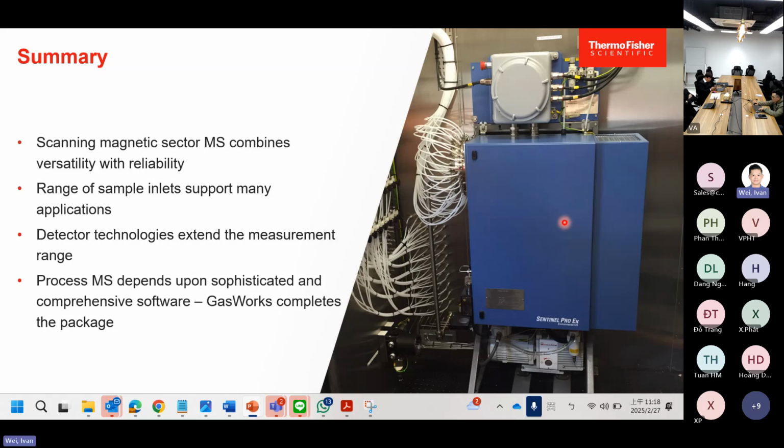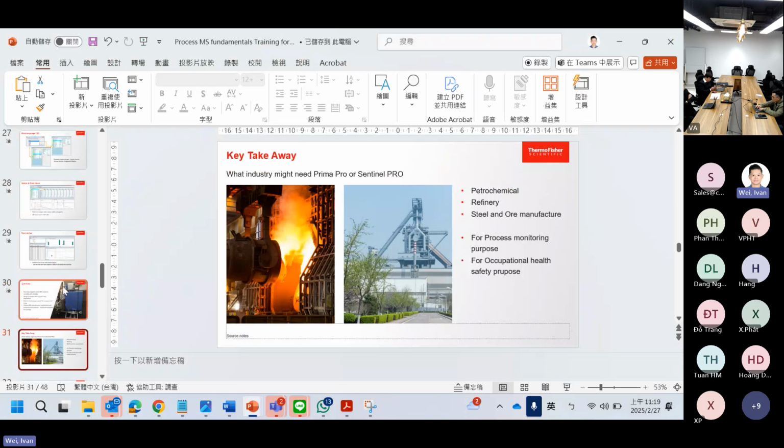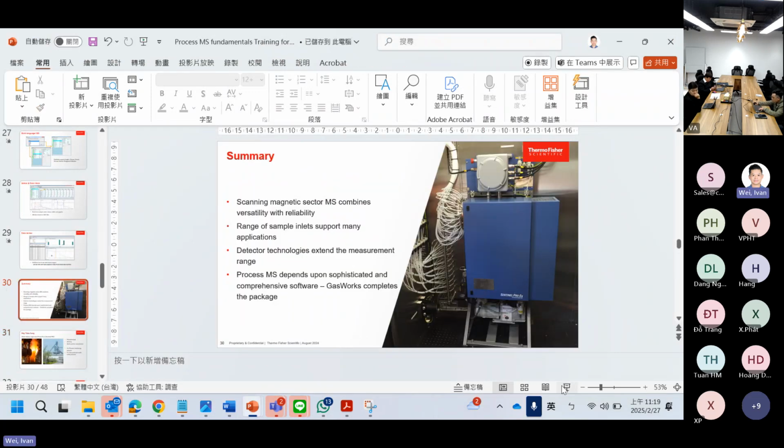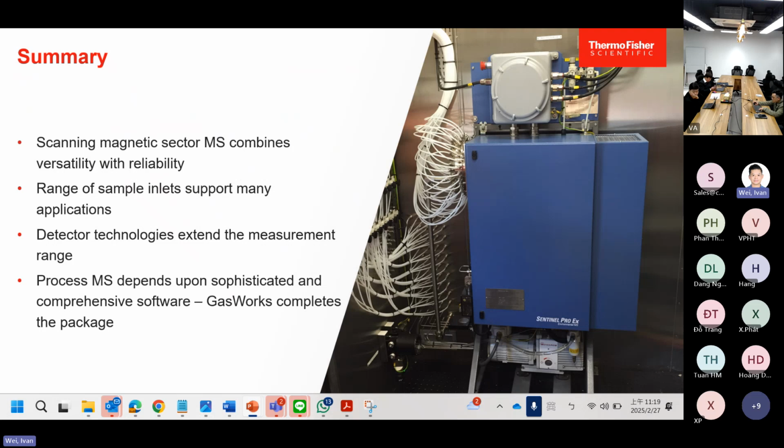I will do a really quick summary. For our mass spectrometers, we can do a really quick analysis and multiple strings.